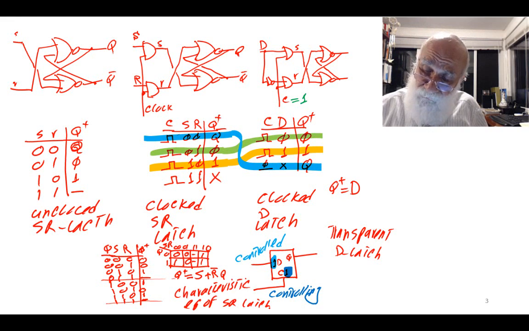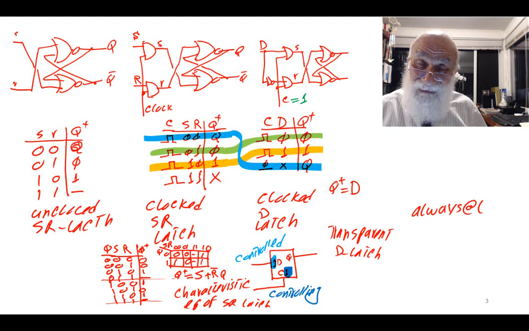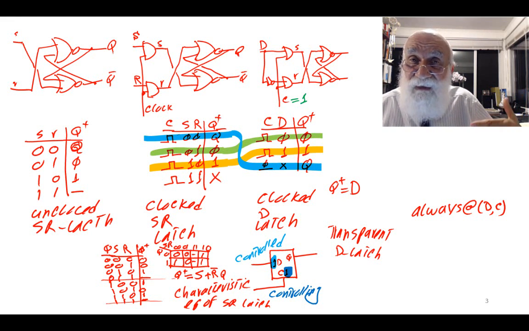How about the very long description of it? This is the very long description. I'm going to be using an always statement. The always statement is sensitive either to D or to the clock. It means that if D changes or clock changes, there is a possibility that something happens.